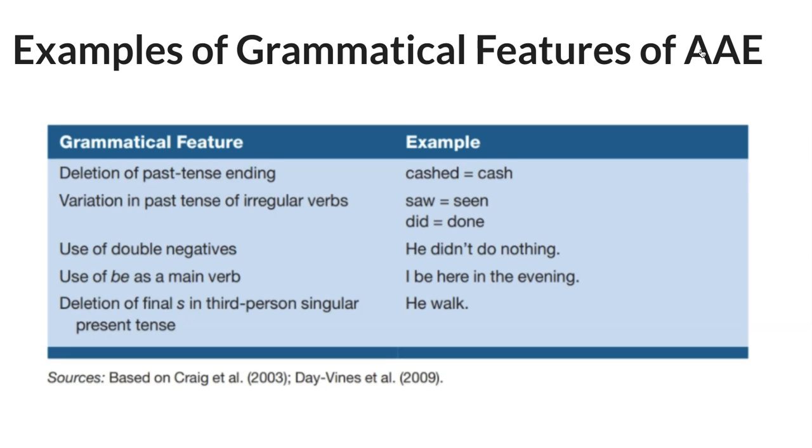Use of double negatives is going to be more common. Use of the be verb as the main verb. Deletion of final s in third person singular present tense, and also deletion of final s if we're talking about either possessive tense or plural, sometimes too, right?